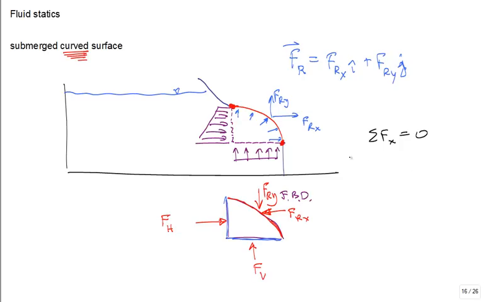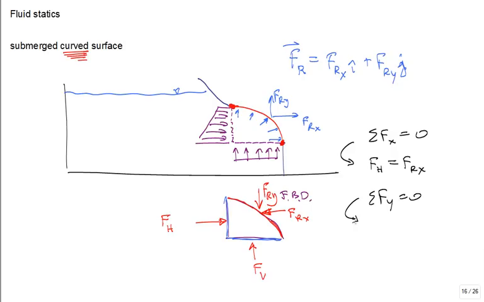So in the x direction, FH is positive and F_Rx is negative, in equilibrium. So now I can calculate at least the x component of the resultant force that the water puts on the gate. Now do the sum of the forces in the y.